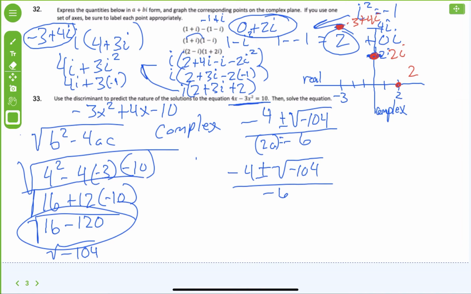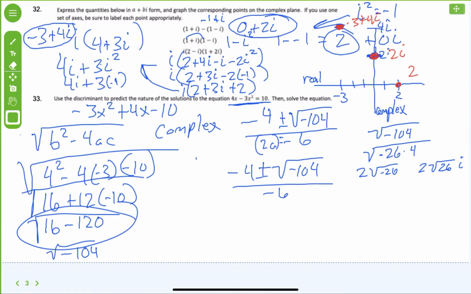How can we break up a 104? 26 times 4? Yeah, that works. So the square root of a negative 104 would be 26 times 4, which would be 2 square roots of a negative 26, which we would write as 2 square roots of 26i.